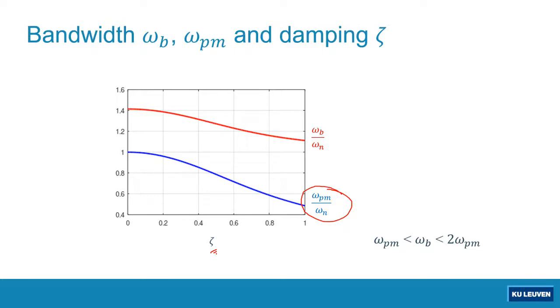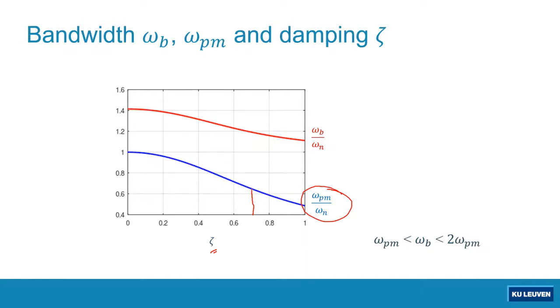The requirement of the zeta, the damping ratio, as we have already discussed before, is less than 0.707. Let's say 0.707 is about this value, right?